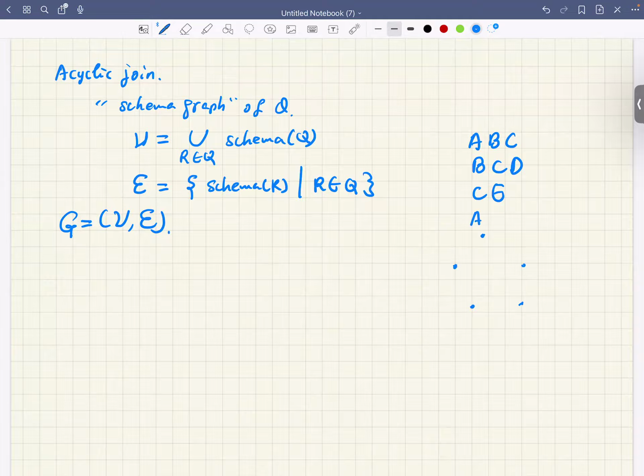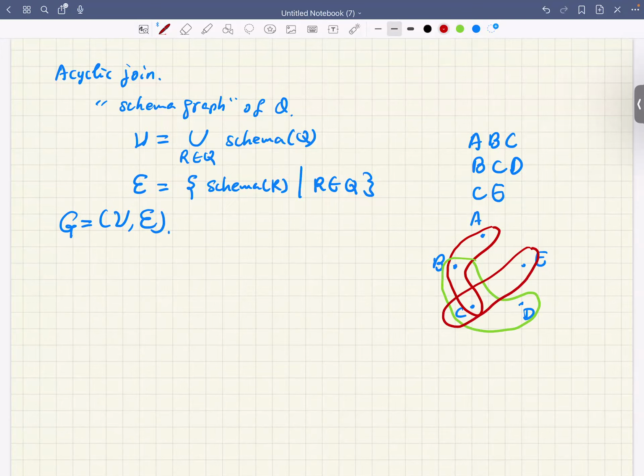Simple, right? First you look at all the vertices and collect all of them. These are the attributes in V. Then from every schema, you create a hyperedge. So this is the first hyperedge, ABC. Then you have BCD, and then finally you have CE. There you go. This is the schema graph of this join.